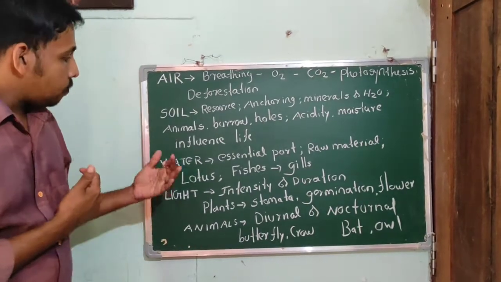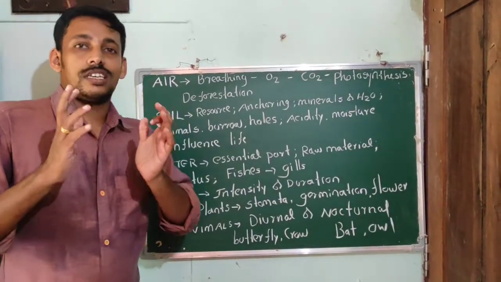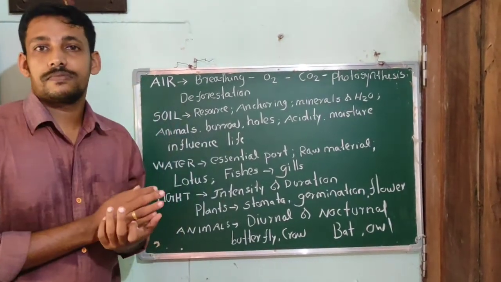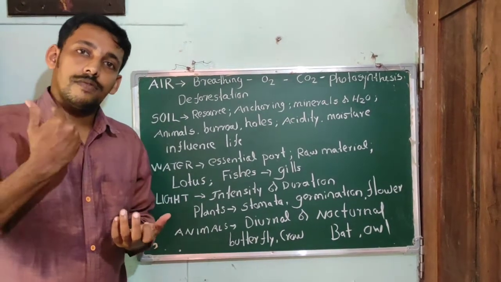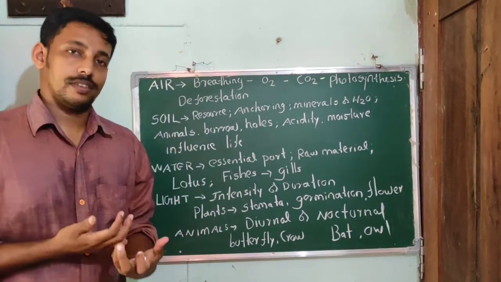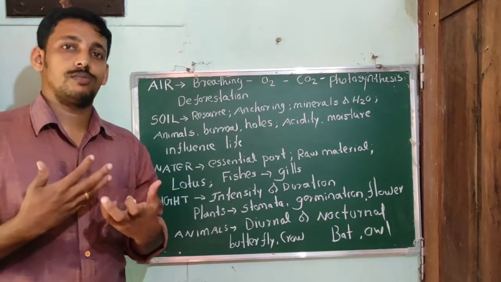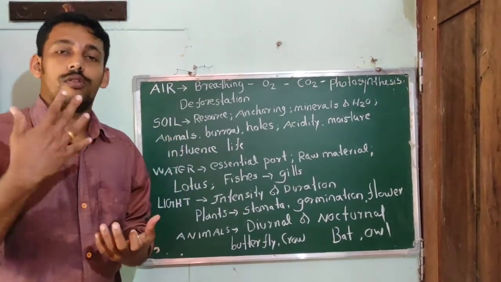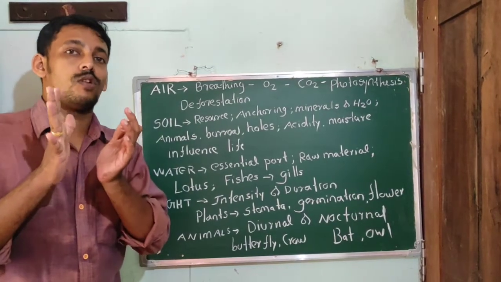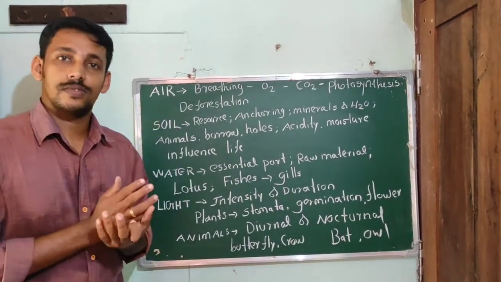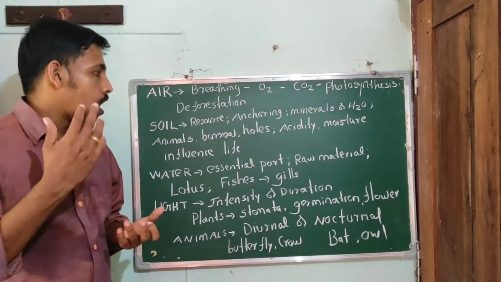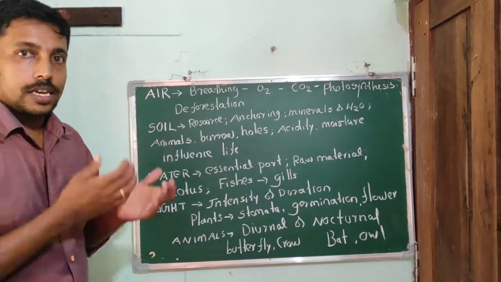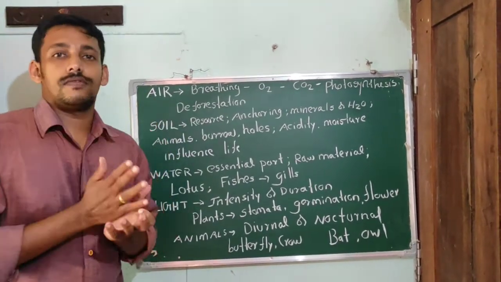Then what? Water. We know that water is an essential part of our body. There are different biological activities, different reactions and processes occurring in the body. So water is a medium for all these reactions, and it is a very important content of our body. Then it acts as a raw material for what?